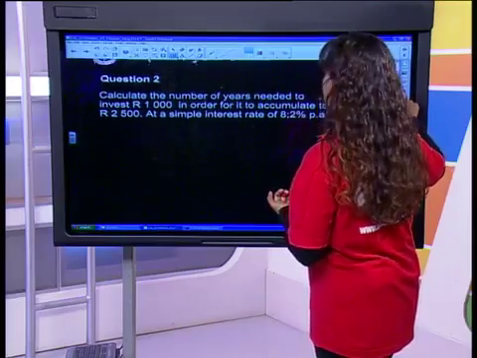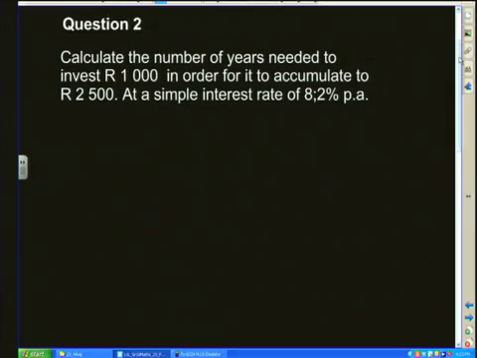Here we are asked to find a different variable. We are asked to calculate the number of years needed to invest 1,000 Rand. Okay, so again, we'll write down each of our variables, and let's have a look at which one they're asking us to find. Calculate the number of years. Obviously, they're looking for n. Needed to invest 1,000 Rand.